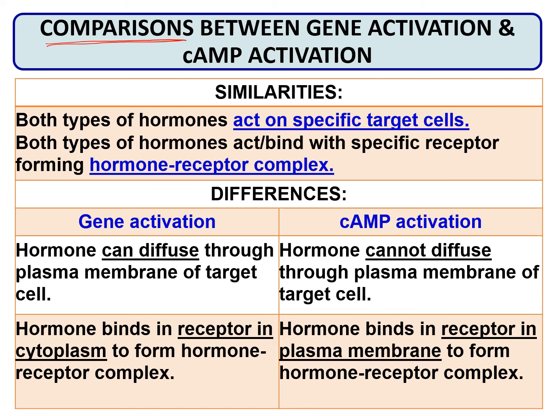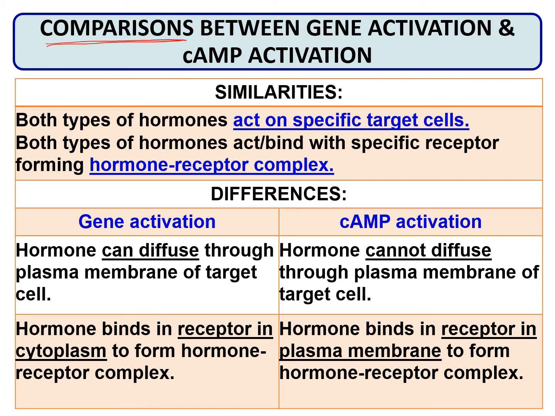So it must go with similarity and differences together. Gene activation and cAMP activation are both involve a very specific target cells. Jadi dia tak sembarang-sembarang lah. Contoh macam insulin, glucagon, different target cells is the liver cells.